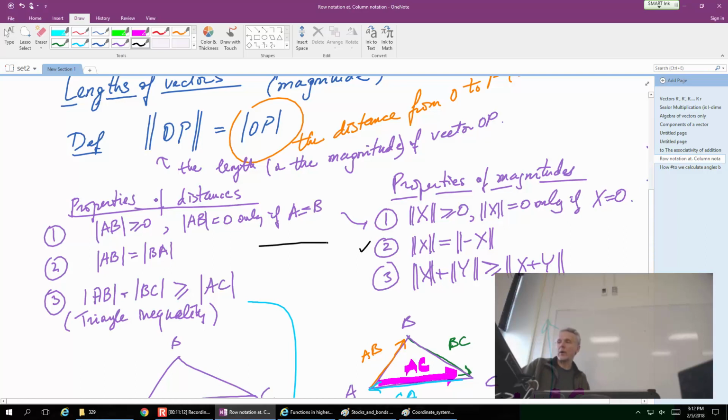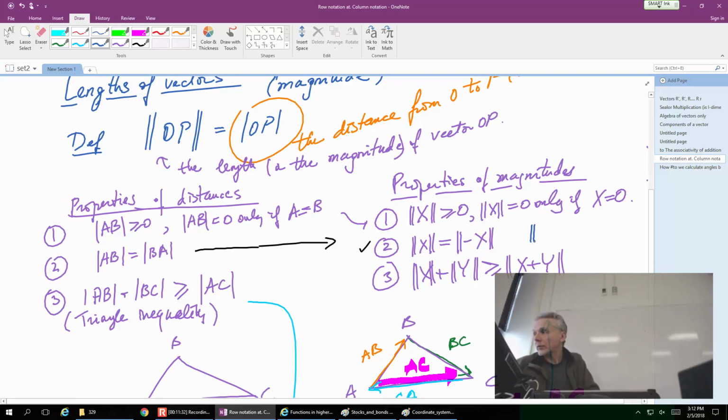I went straight from the property of the distance, and then I ended up with this property of the magnitude. But there is a stronger property, and this is what happens under scalar multiplication, because none of these properties actually is about scalar multiplication.